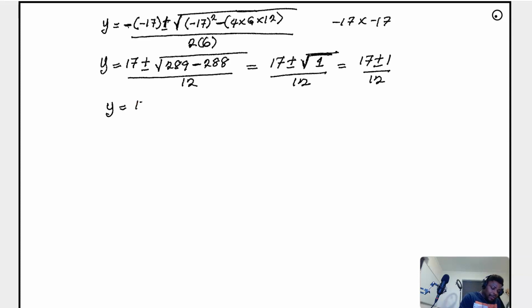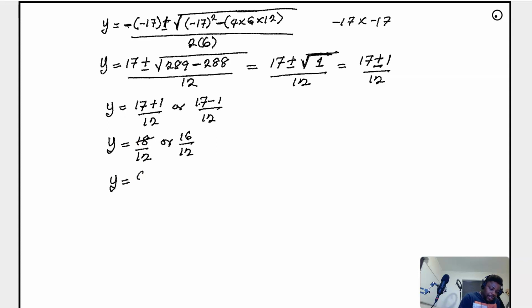So y is 17 plus, let's use plus first before we use minus. Or 17, then I use minus, minus 1 over 12. So 17 plus 1, that is 18 over 12. Or 17 minus 1, that is 16 over 12. So here, 3 can go here.